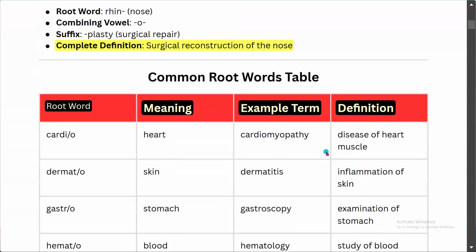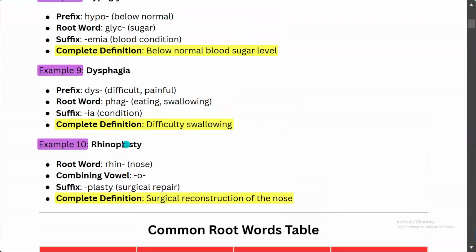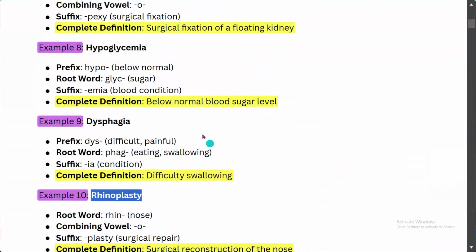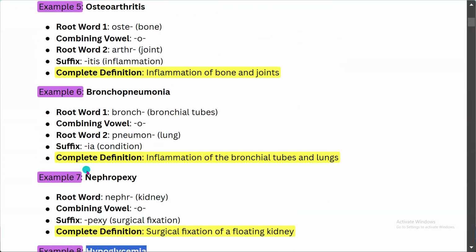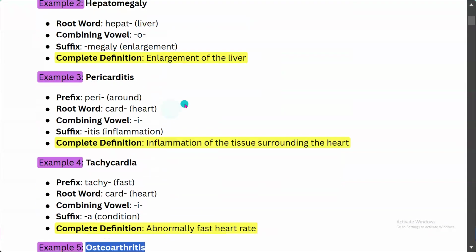So guys, whatever medical condition is given in your medical record, or while doing CPC exam preparation or any medical coding exam preparation, you'll go through these medical terms.